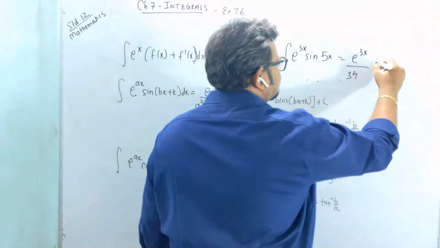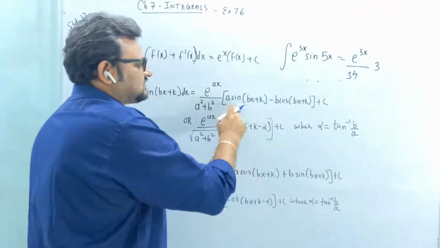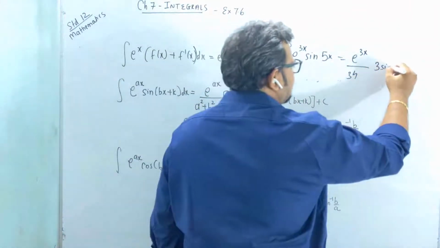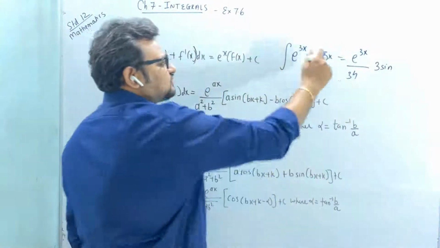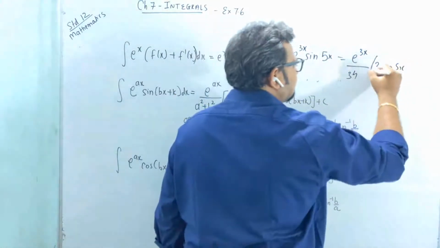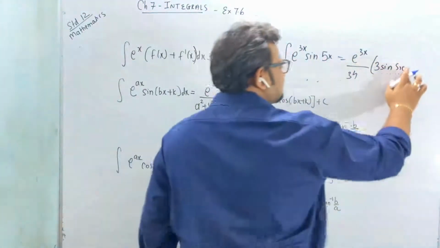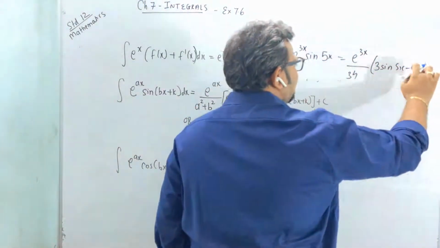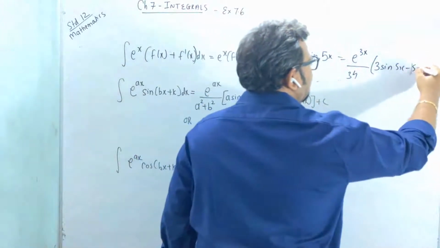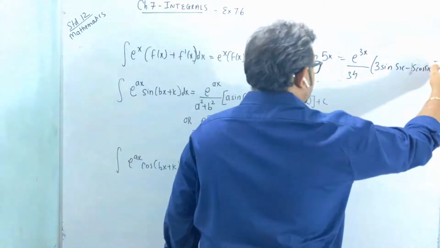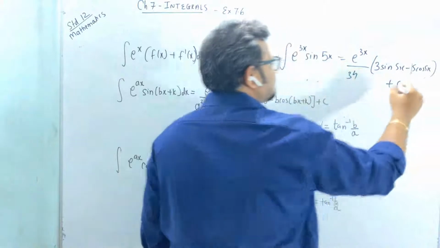Then a sin, that is 3 sin 5x, minus b, what is b? 5 cos 5x, plus c.